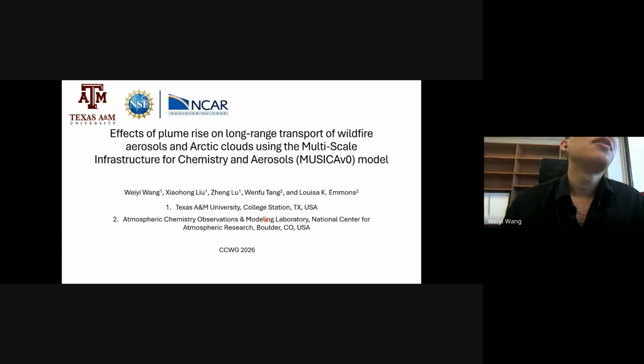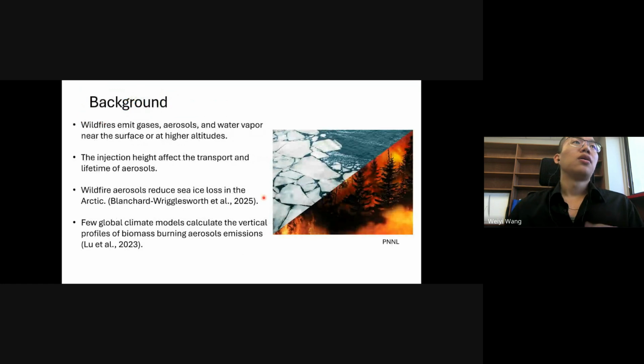Okay. Hello, everyone. Today I'm going to talk about the effects of plume rise on long-range transport of wildfire aerosols and the Arctic clouds using the MUSICA carbon zero. Wildfires emit gases, aerosols, and water vapor near the surface or at higher altitudes, depending on whether the fires are in smoldering or in flaming phases.